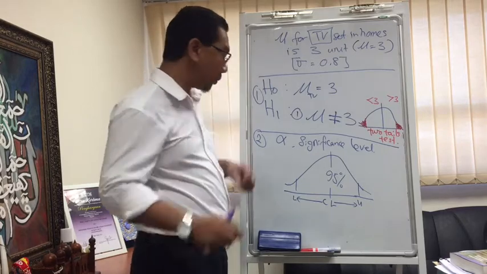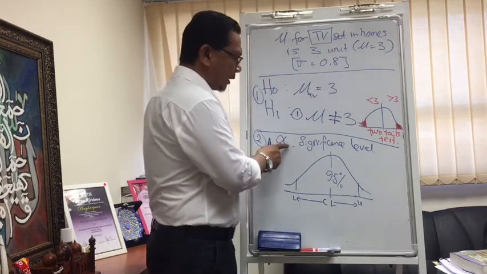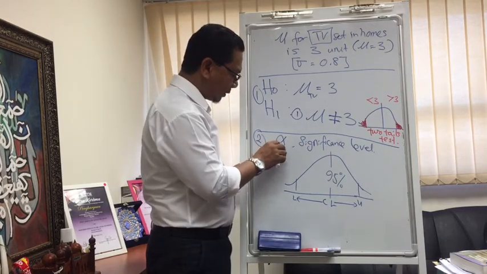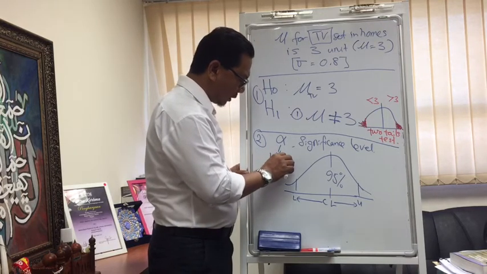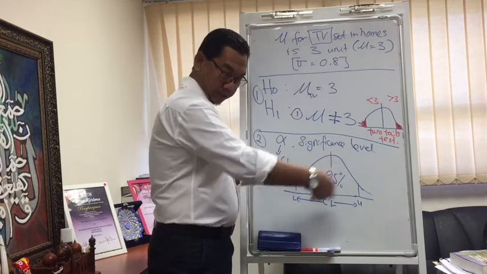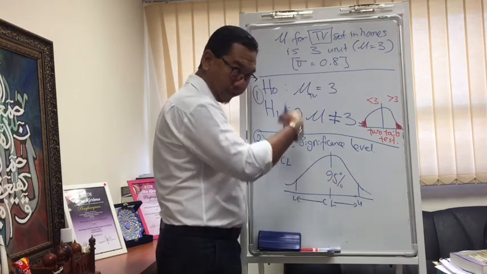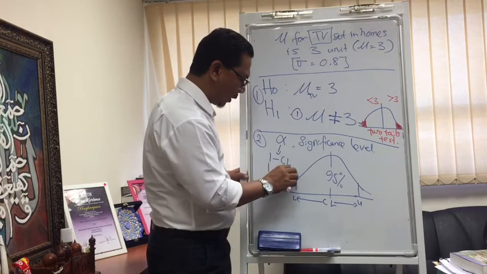Now the significant level, the formula is very simple. Significant level is 1 minus confidence level. So in this example, we have a 95% confidence level, so 1 minus 0.95.